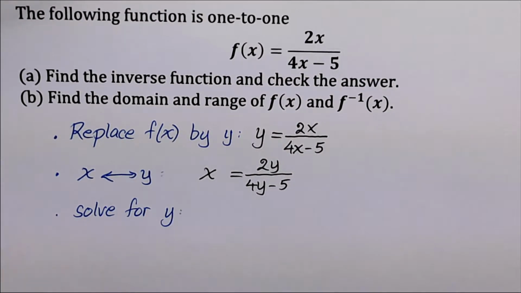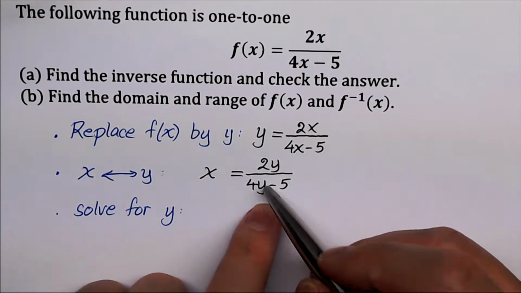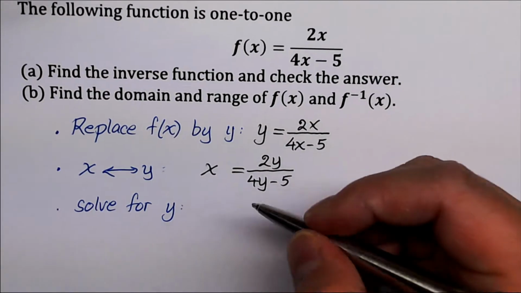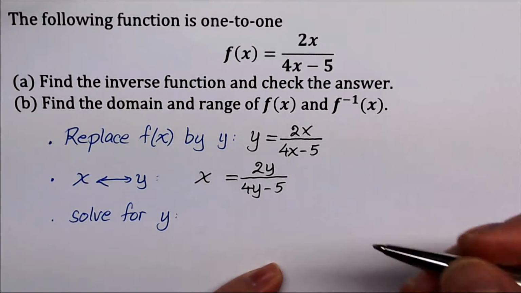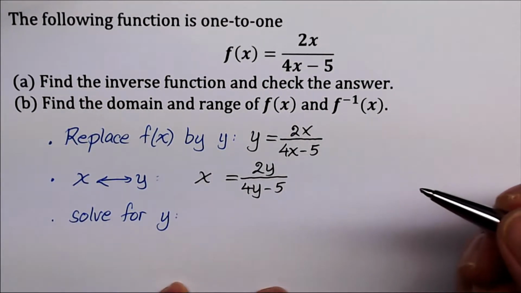And to do this, first we get rid of the denominator by multiplying both sides by 4y minus 5.